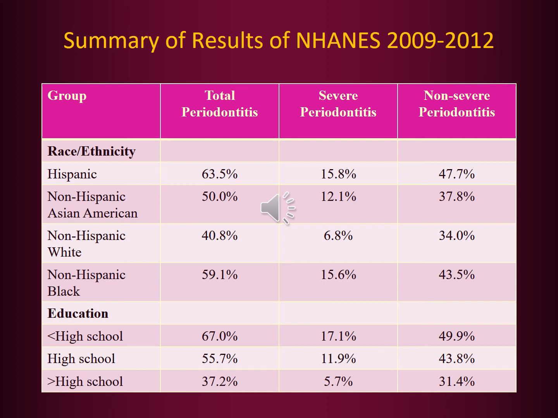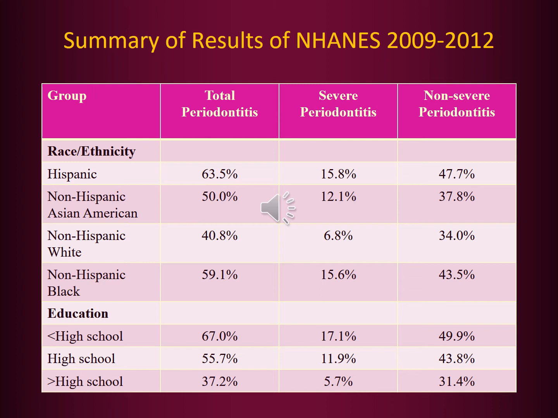And this data for Asian Americans is only for the 2011 and 2012 categories, rather than from the 2009 and 2010 categories. There was no data for that group in 2009 and 2010. And the non-Hispanic whites have 40.8%, and non-Hispanic blacks is 59%.